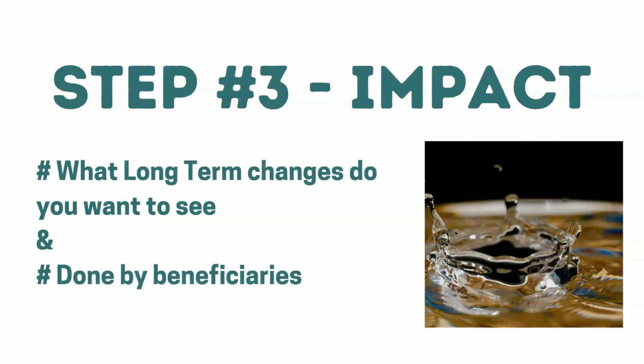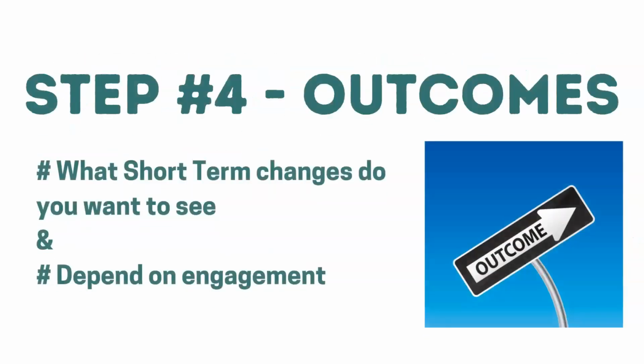So we back up from impact and we say, well, if I want to see this level of impact, if I want to see an increase in employment within a particular group of people in a particular location, then I need to make sure that within a few months we are observing particular types of outcomes. Outcomes are the experiences that your beneficiaries have from participating in your projects. So what kind of outcomes can that be?